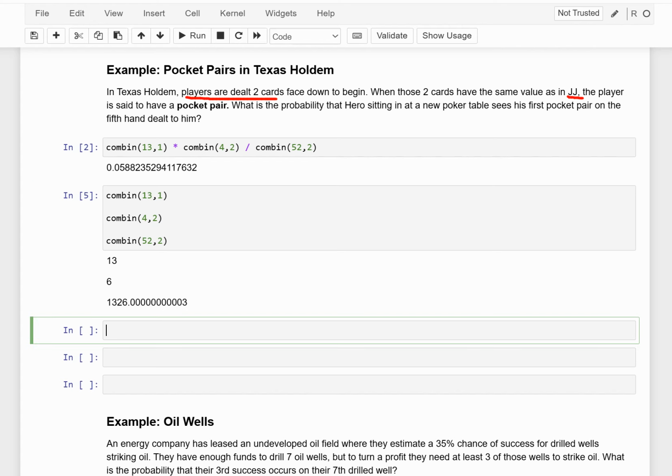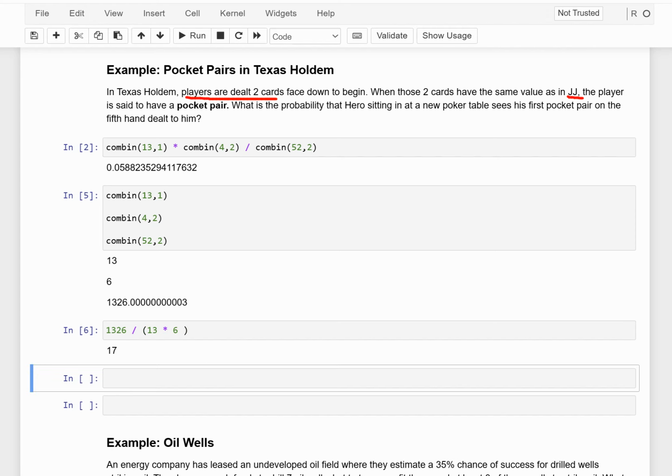The last thing I'm going to try to convince you of is that 6 times 13 divides evenly into 1326. Okay, so let's do 1326 divided by 13 times 6, which I believe is 78. But yes, there it is.